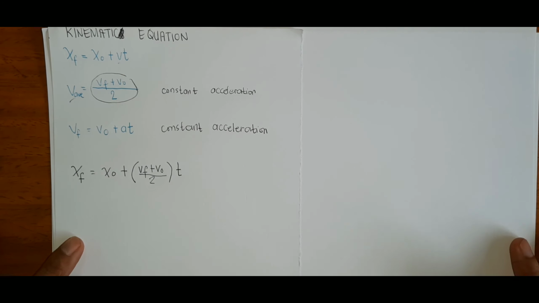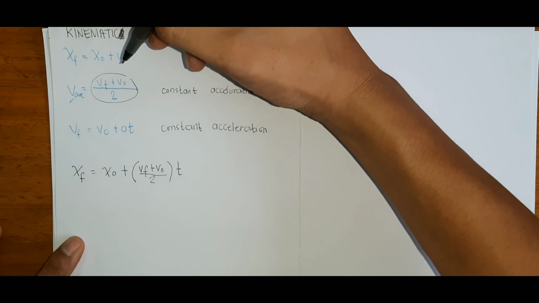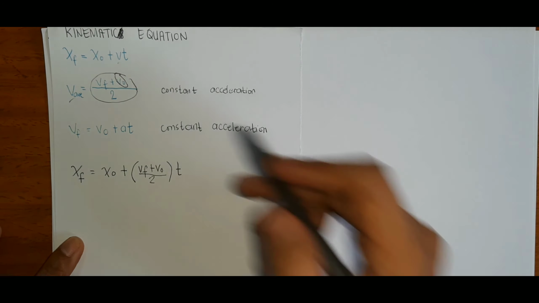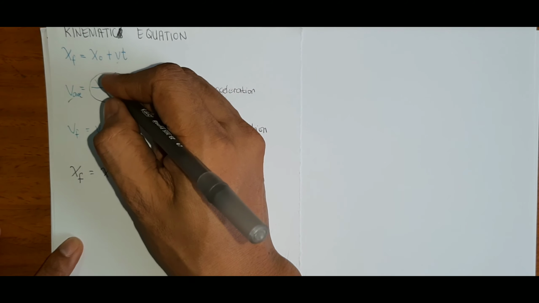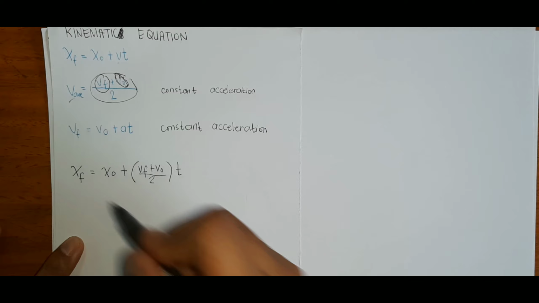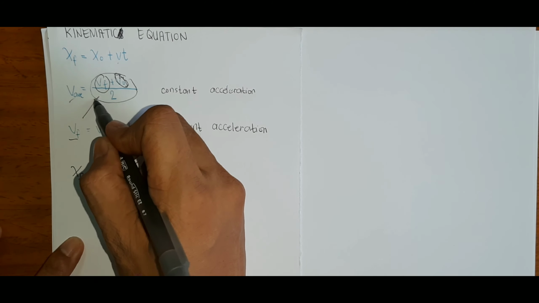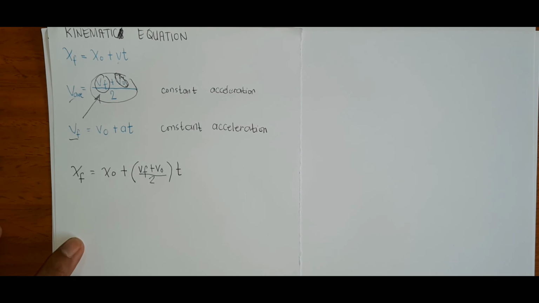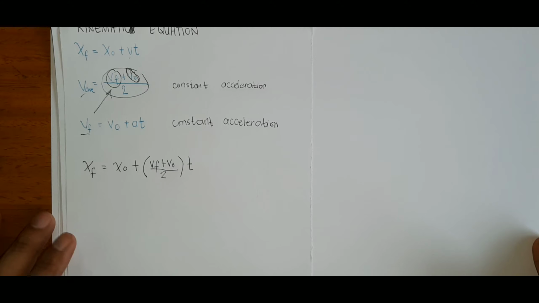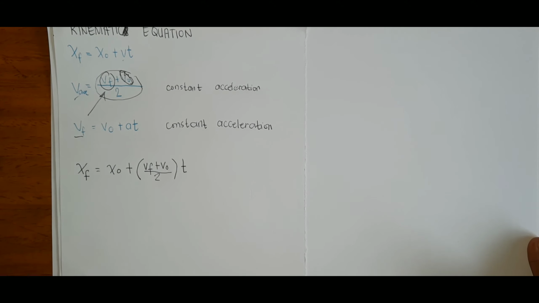Next, your vf, the final velocity, within the second equation is the same, so you can represent your vf using the third equation that has our acceleration in it.